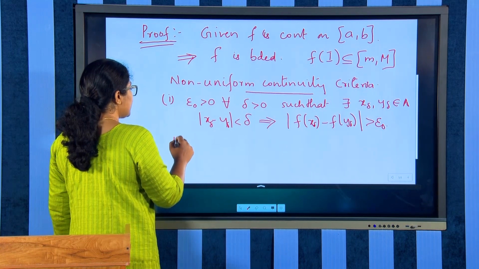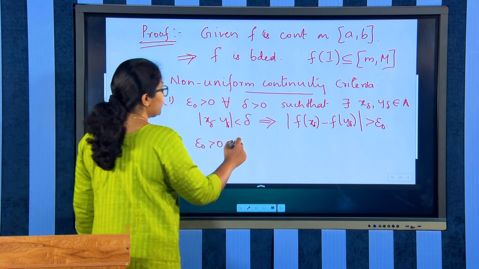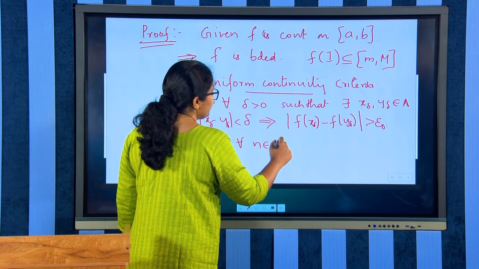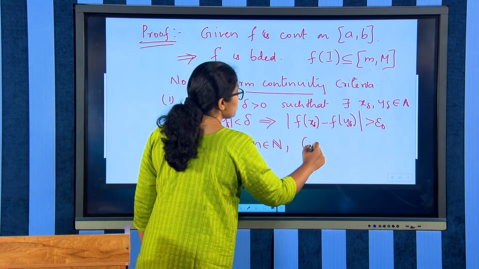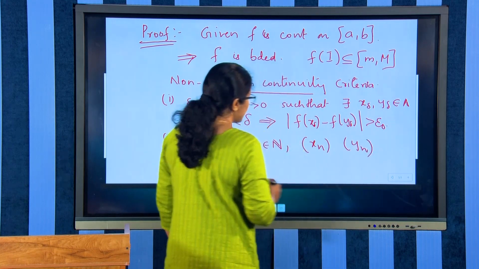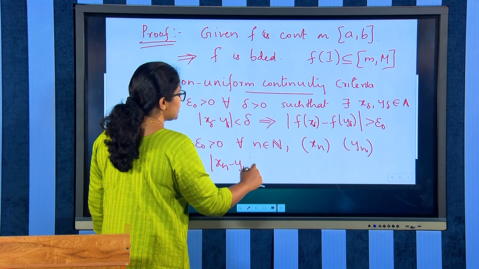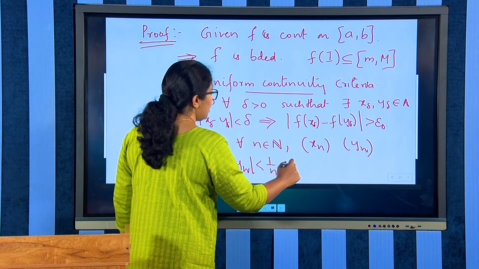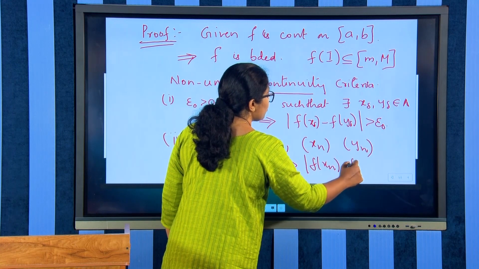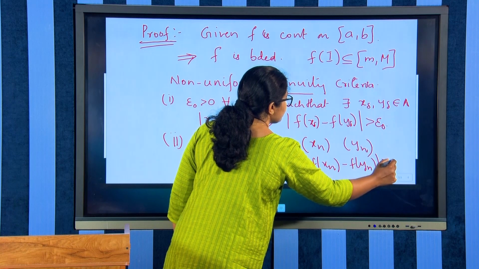The second condition is that given epsilon naught greater than 0, for every natural number n, we can find sequences xn and yn such that modulus of xn minus yn is less than, say, 1 by n, but modulus of f of xn minus f of yn is greater than epsilon naught.